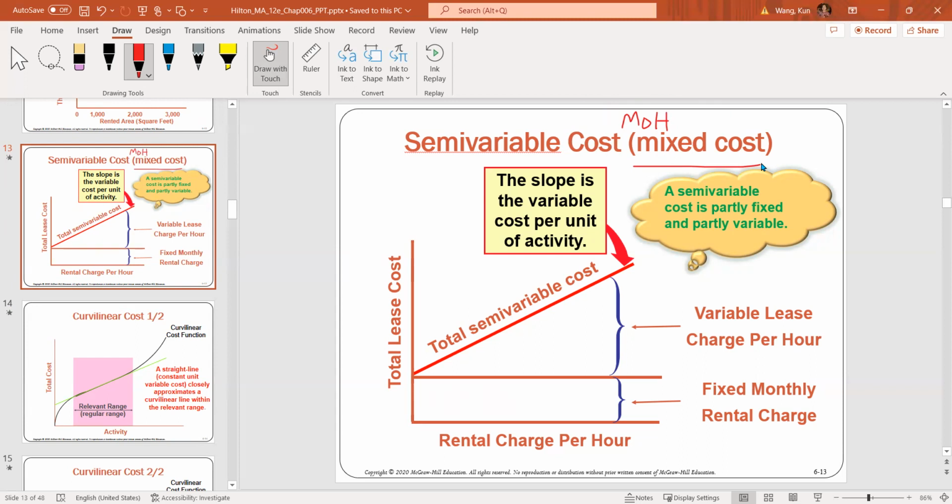And for this type of cost, if we want to use it in analysis, like in the cost structure, we have to break it down into a fixed portion and a variable portion, just like the linear equation I just wrote in the title. They use a rental charge as an example here. For example, I rent equipment, like a U-Haul.